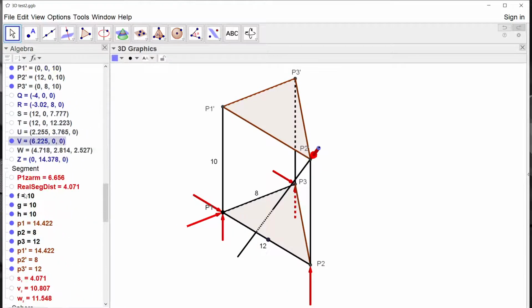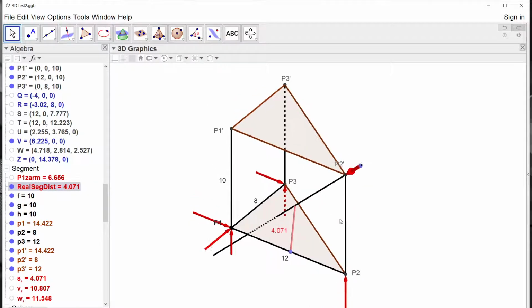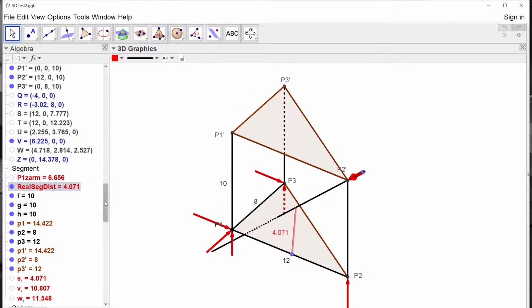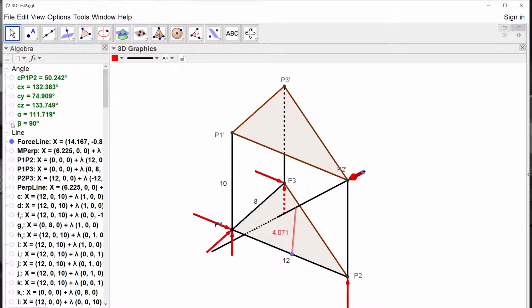But there's kind of a fun thing here that happens. That distance can be found, and we want that distance to be our shortest possible distance. So both of these angles must be 90 degrees for that to be true, right?